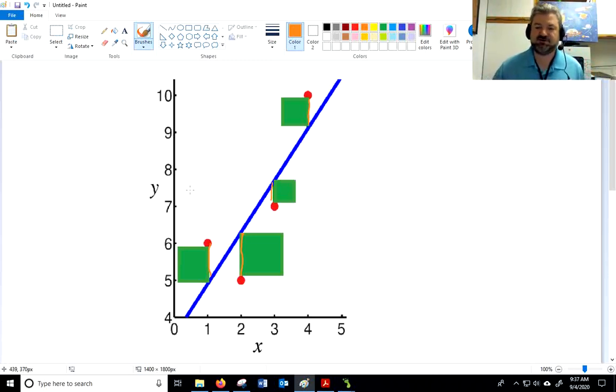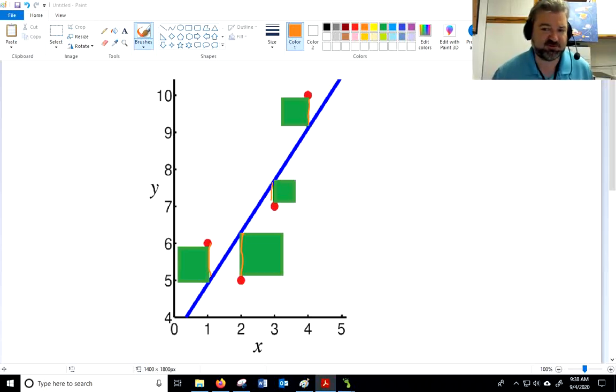So you can imagine us playing with this line and adjusting its starting y-intercept and its slope. As I move it more up, maybe the squares below it would become bigger, but the squares above it would become smaller. We're trying to find that perfect happy medium where all the squares are as small as possible.